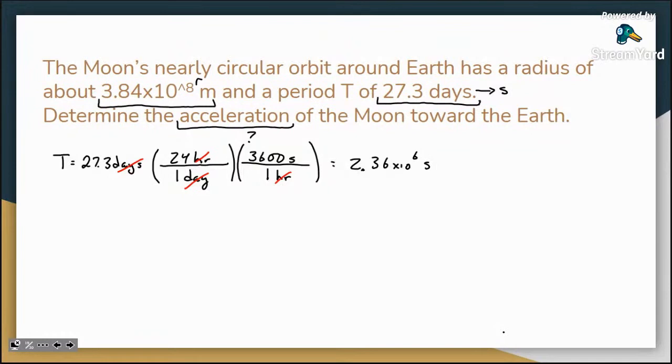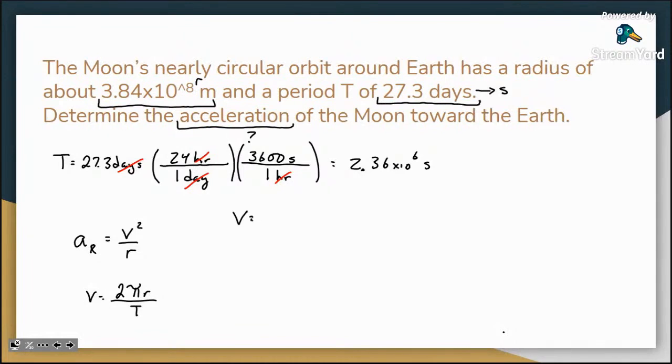So now determining the acceleration. Centripetal or radial acceleration, again, is going to be v squared per r. I don't just have a velocity, so I'm also going to have to use the equation that v equals 2 pi r per T. And this time I'll work it in 2 separate problems to show you how that's done.